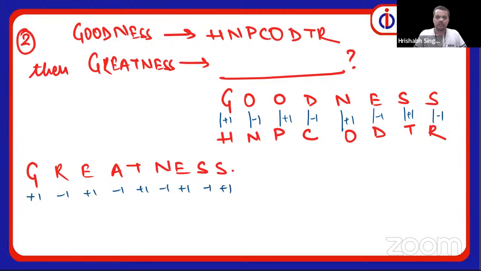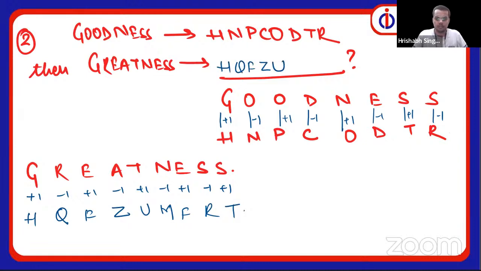Okay, is it clear? So G plus 1 is H, Q, F, Z, T, U, M, N, E, F, R, S, S, T. So the answer will be H, Q, F, Z, U, M, F, R, T.